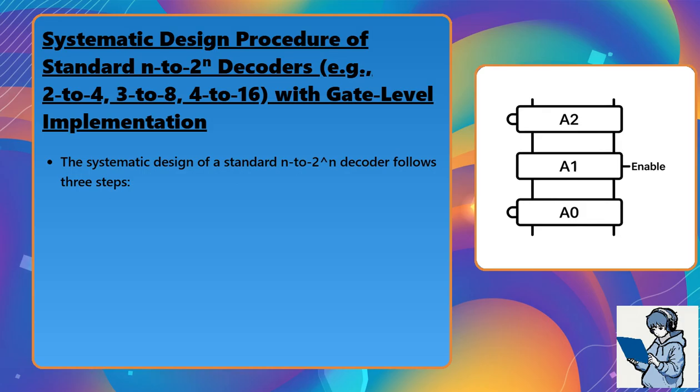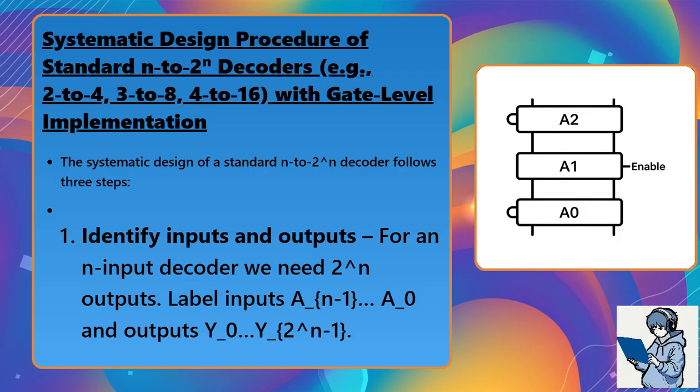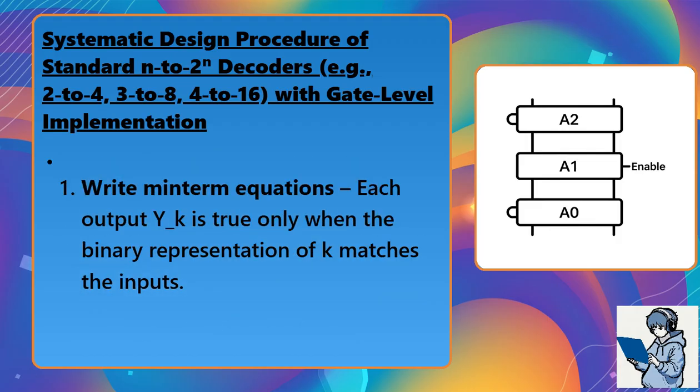The systematic design of a standard n to 2 to the power n decoder follows 3 steps. Identify inputs and outputs. For an n-input decoder, we need 2 to the power n outputs. Label inputs A sub n-1 to A sub 0, and outputs Y0 to Y sub 2 to the power n-1. Write minterm equations. Each output Y sub k is true only when the binary representation of k matches the inputs.